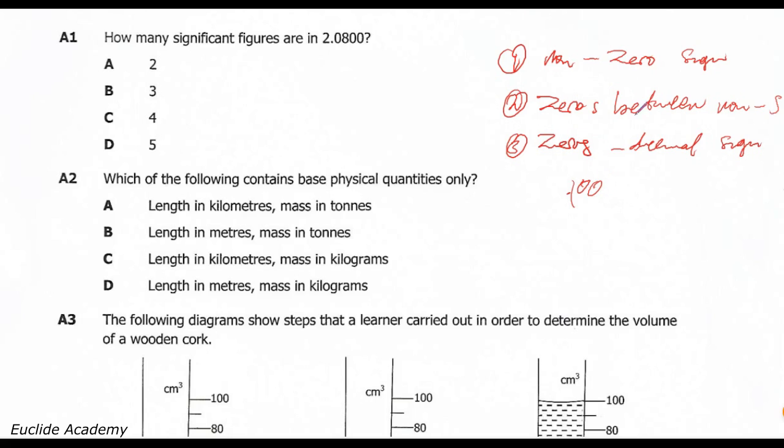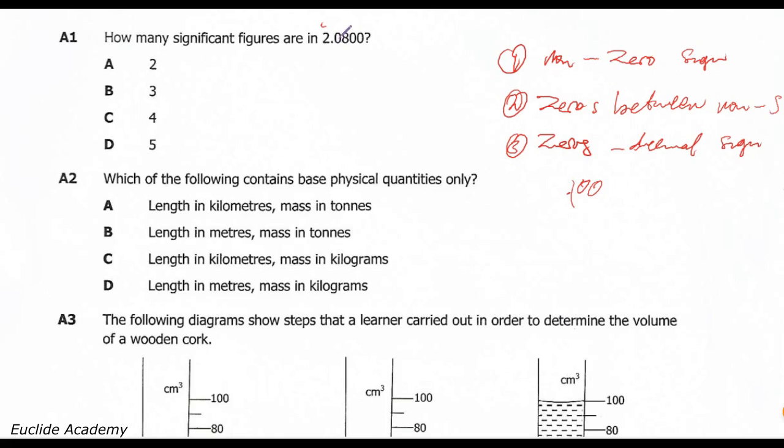Okay, so let's use this to check how many significant figures we have here. So this is a significant figure. So this zero here, is it significant or not? It is significant because it's between two non-zeros, and also it's after the decimal part, so 2.0.